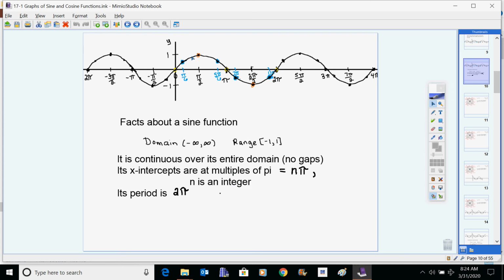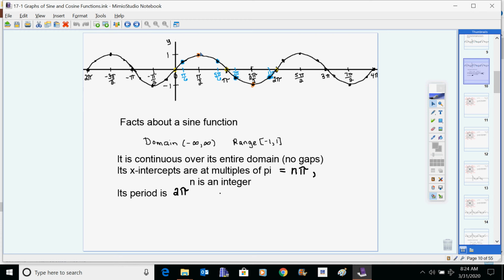A complete cycle of all of the sine values happens over a period of 2 pi. And these periods are going to be important even when we get on to graphing the tangent and the cotangent and the secant and the cosecant, which is where we're heading. The period of an entire cycle of values is important when you're going to be able to make those.